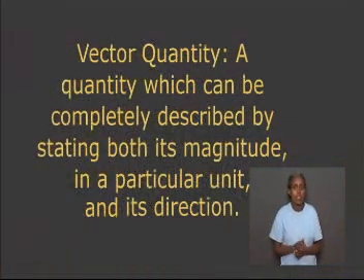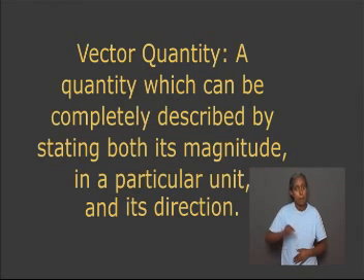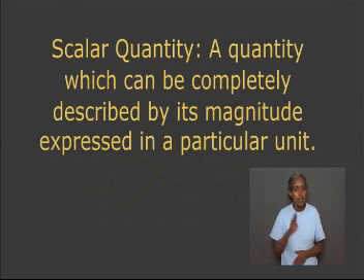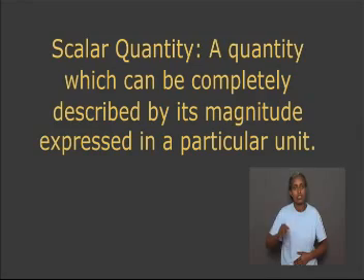A vector quantity is defined as a quantity that can be completely described by stating both its magnitude in a particular unit and its direction. By contrast, a scalar quantity is completely described by its magnitude expressed in a particular unit. Were you able to recall these definitions?